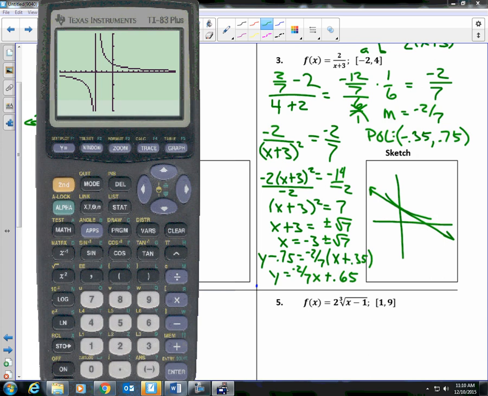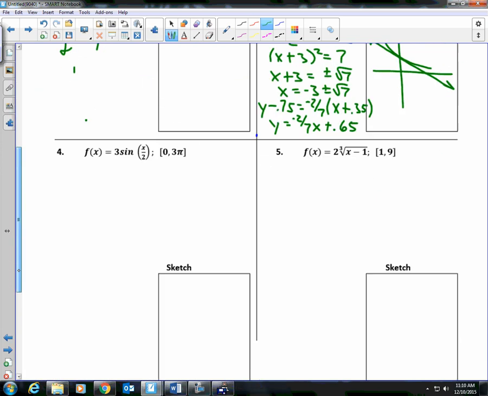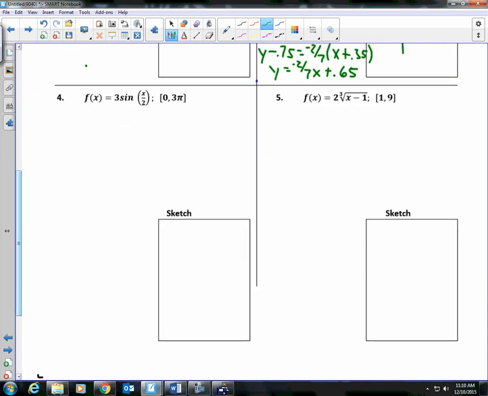Okay. All right, let's try one that involves trigonometry. At least get started here. We have 0 to 3 pi. So f of x is 3 sine of x over 2 from 0 to 3 pi. I plug in b, so I have 3 pi over 2. What's the sine of 3 pi over 2? What's the sine of 270 degrees? Negative 1 times 3 is negative 3. Minus, we plug in 0. What's the sine of 0? 0 times 3 is 0.